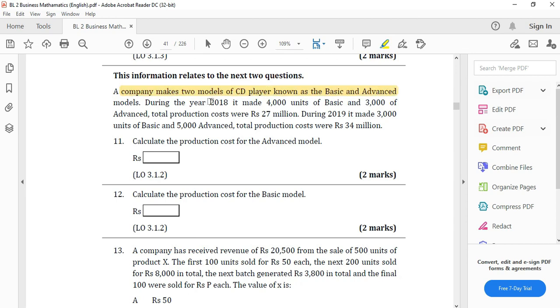In 2018, it made 4,000 units of basic and 3,000 units of advanced, and their total production cost was 27 million in 2018. But in 2019, they made 3,000 basic units and 5,000 advanced units with a total production cost of 34 million. Now they are asking the production cost for the advanced model.